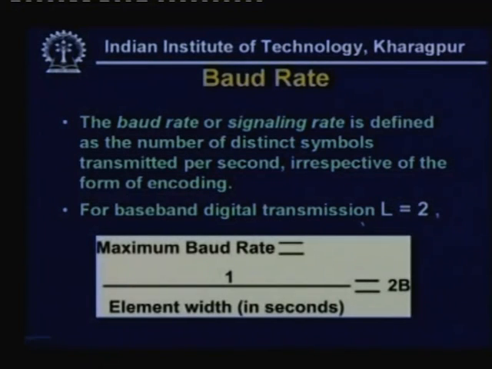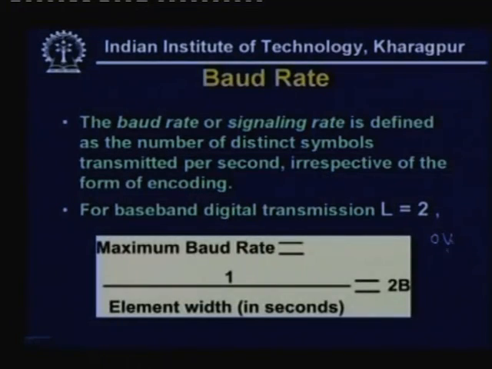For example, in case of baseband digital transmission, where the number of levels is 2, within a bit interval we can send either 0 volt or 1 volt. So we have two distinct values or two levels, 0 level and 1 level. So in this case it is 2. Now suppose it is possible to send 0 volt, 0.5 volt, 1 volt and 2 volt.